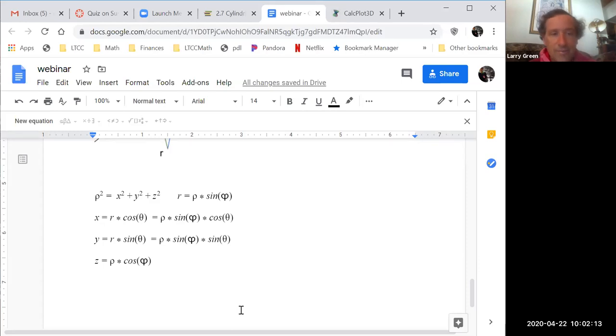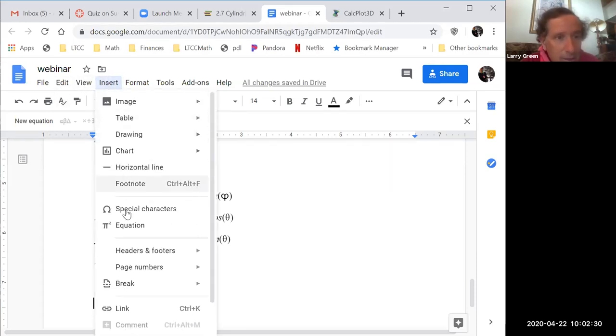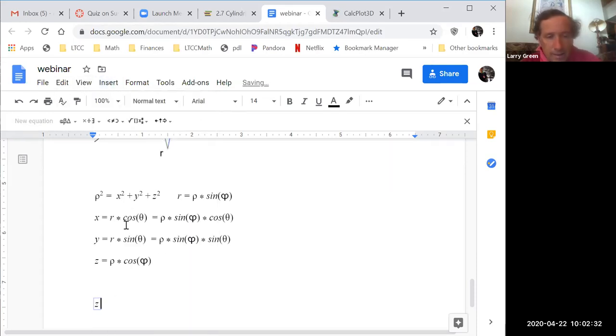Okay, so the first thing is, what if we had a cone? Let me do z equals, insert equation, do something simple. How about x squared plus y squared?